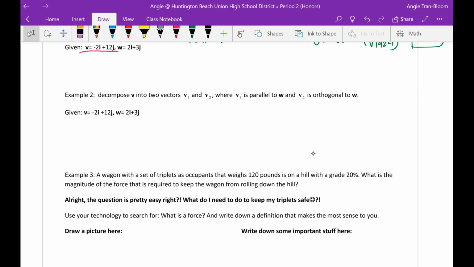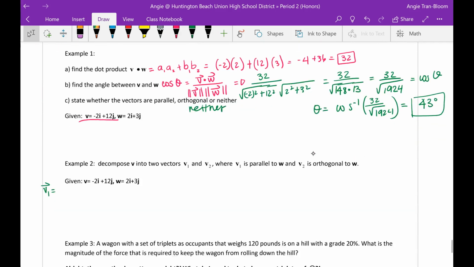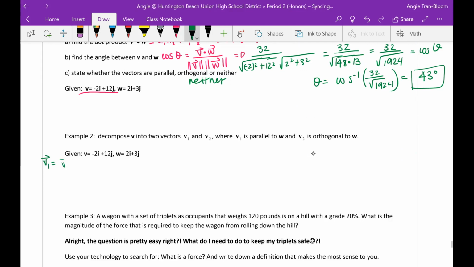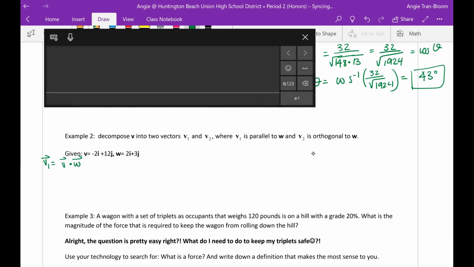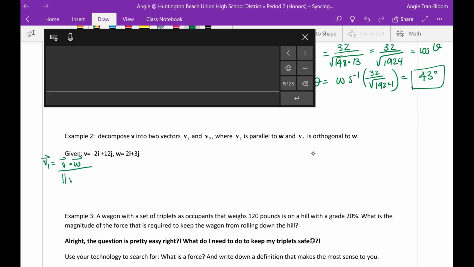Remember, V1 is the projection of V onto W, okay? And V1 is super important. We're going to need to know how to do V1 all the time. So to find V1, if you go back to our notes up here, we need the dot product of V and W, all over the magnitude of W, squared.